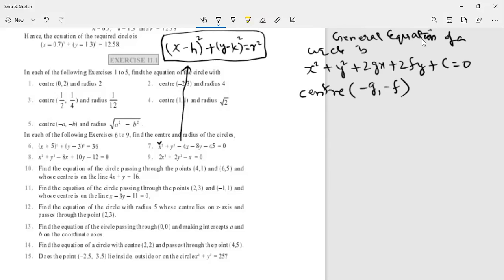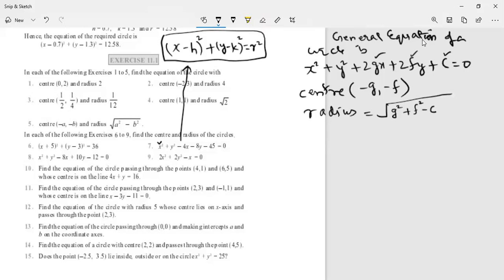The center will be (minus g, minus f). In the equation g and f are positive, so find g and f and then change the sign. The radius will be equal to under root of g square plus f square minus c. Once you find g, f and c, we can find the radius and center of the circle.